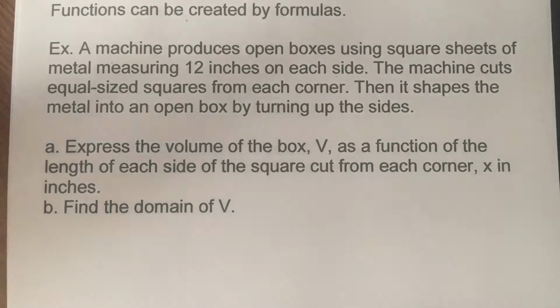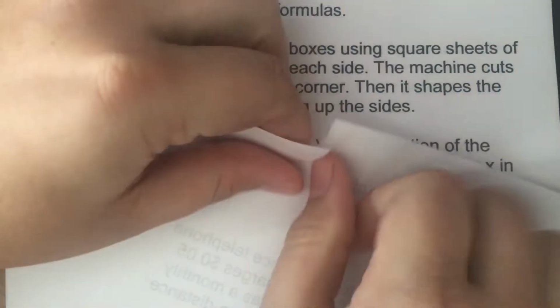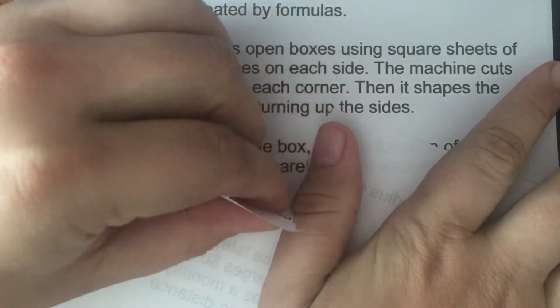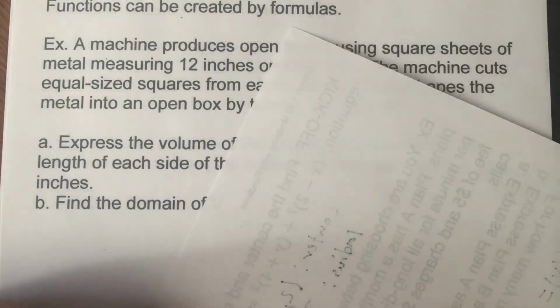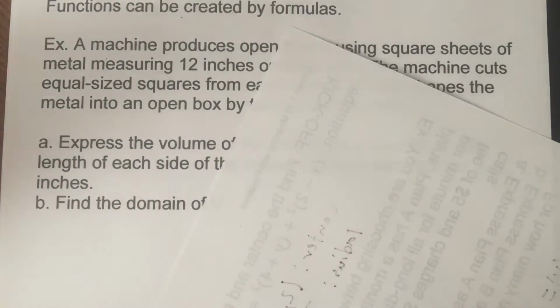So, this is a lesson that is really cool when I can do this in person. We're going to see if I can do this here. But essentially what's going on is this: they have their sheet of paper and they're going to cut out a square from each corner.